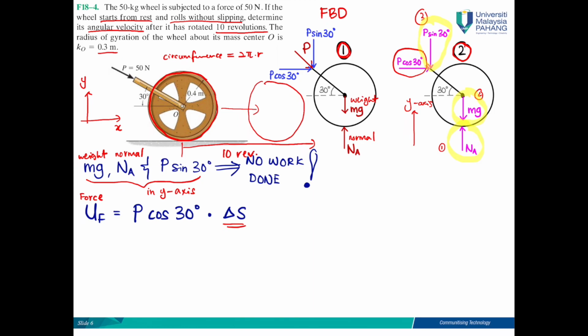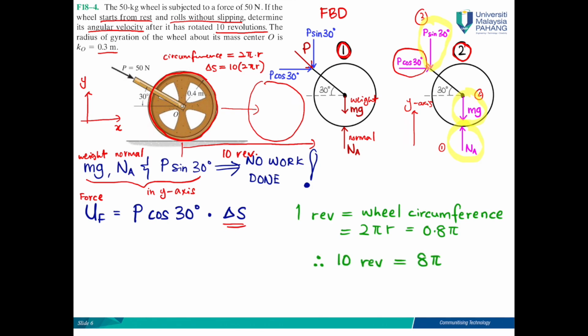So when you have 10 revolutions, delta S will be equal to 10 times 2 pi r. One revolution is equivalent to the wheel circumference, which is equal to 2 pi r, so this is equal to 0.8 pi, 2 times 0.4, the radius. Therefore, for 10 revolutions, it's 8 pi. So 8 pi is basically the value of delta S here.